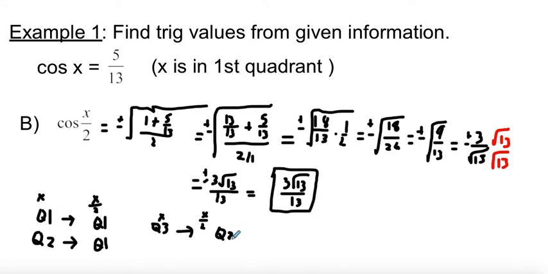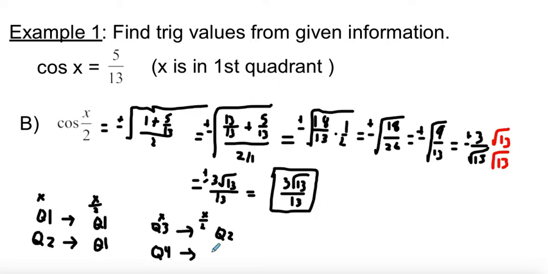Alright, so let's go to quadrant 4. Give me an angle in quadrant 4 that you can think of. Well, let's think of, I don't know, 320. No, let's do 340.